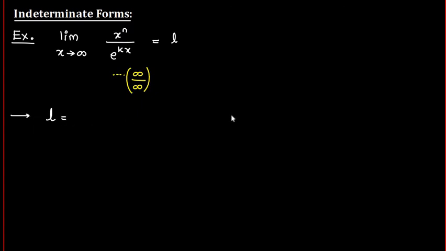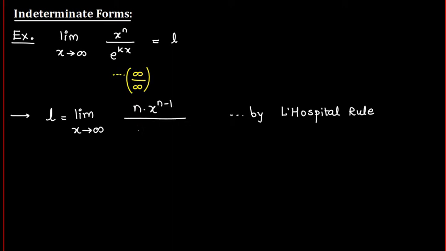If we apply L'Hopital rule, according to the statement, the limit as x tends to infinity is the derivative of the numerator upon the derivative of the denominator. Again, if you substitute the limit as x tends to infinity, we get numerator as well as denominator infinite, which leads to the indeterminate form infinity upon infinity.